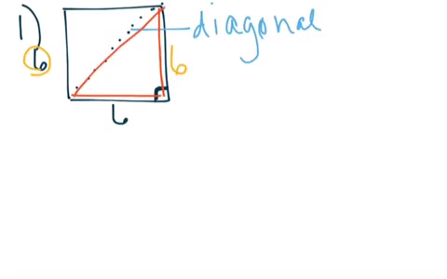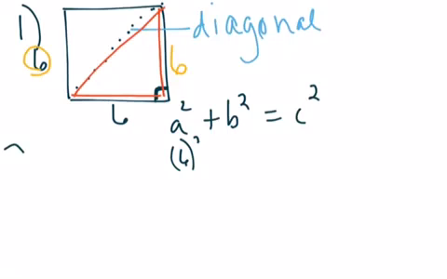So now we're ready to use Pythagorean theorem, which says a squared plus b squared equals c squared. I can make either one of the legs a or b, but in this case they're the same, so 6 squared plus 6 squared equals c squared. Why did we leave c blank?